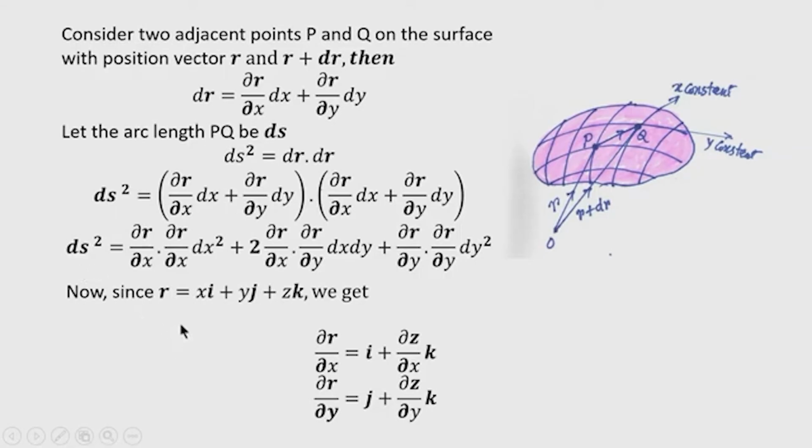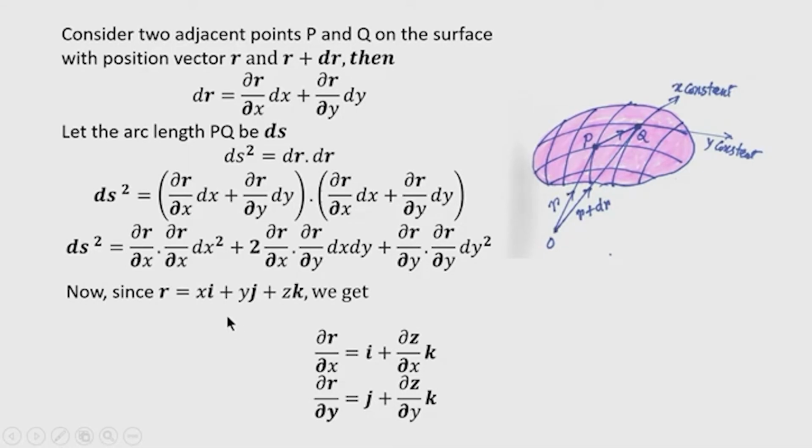Okay. Now, if you differentiate this vector r with respect to x, it becomes i, because differentiating x with respect to x gives 1, and therefore the coefficient is i. i is the unit vector along the x axis.